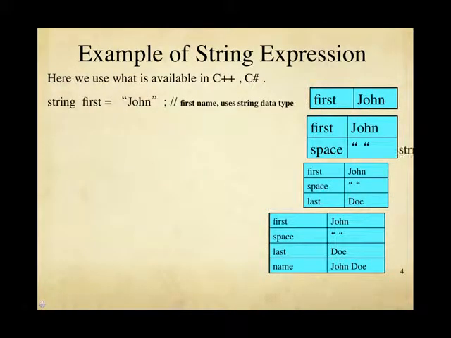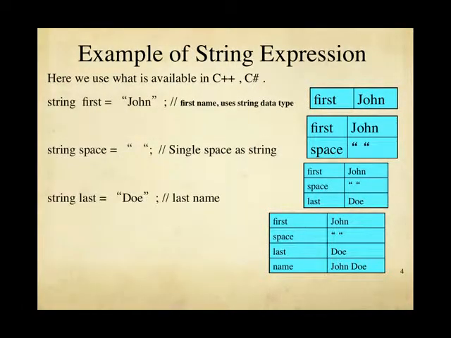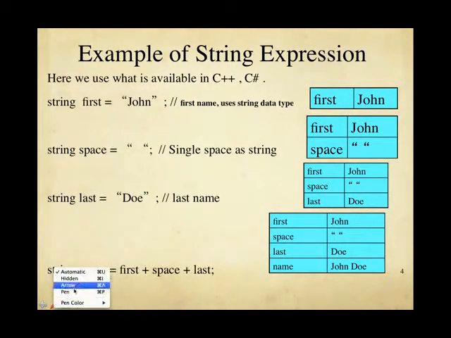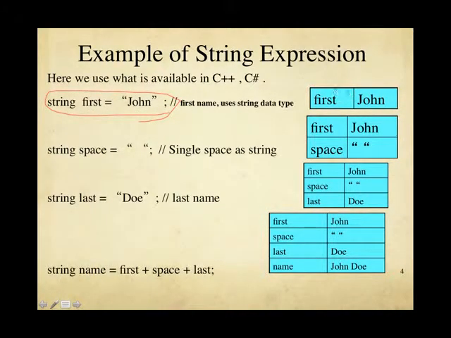Now we show an example of string expression. Here it's available in C, C++, and C#. And each time again we are showing the RAM map. If I say string first equal to "John", then memory location first includes John.